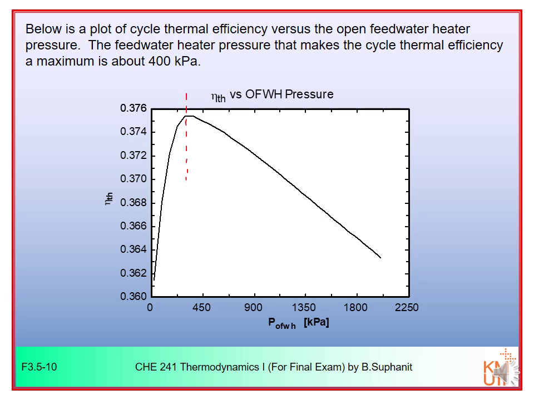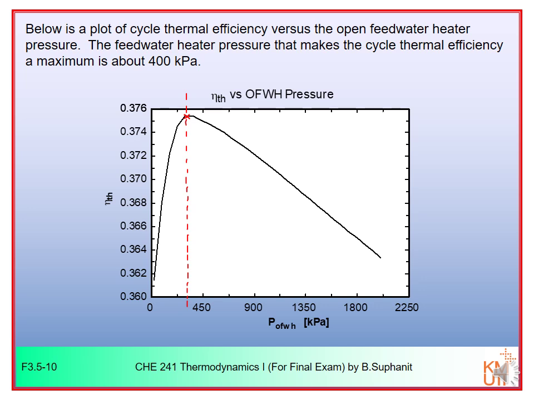Here in this case, it would be around 400 kilopascal. So we should use the intermediate pressure or POFWH at around 400 kilopascal. That would be the best because you will get the maximum thermal efficiency.